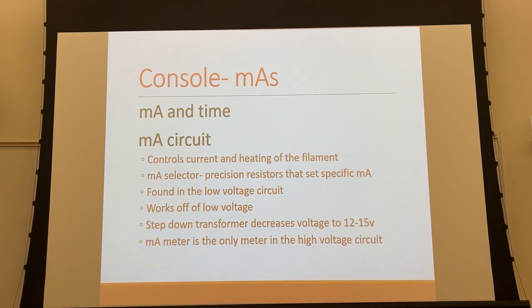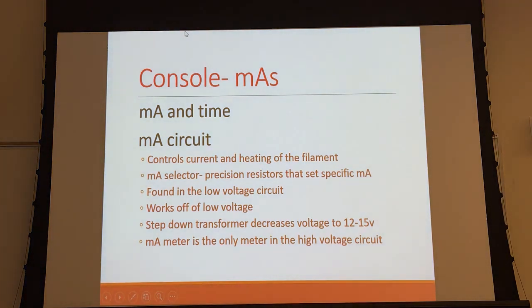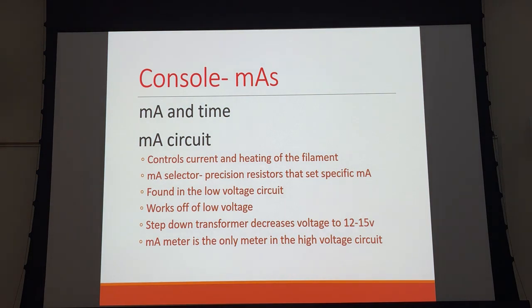We talked about what the mA circuit was when we actually got mass. The mA and time are controlled separately. The mA is what we use to control the heating of the filament, and therefore the space charge, the electron cloud that we create before we make an exposure.